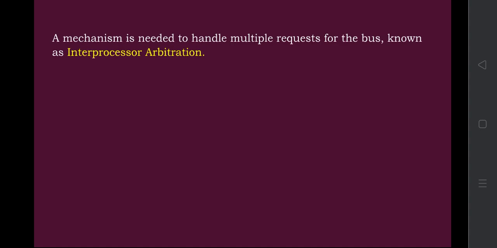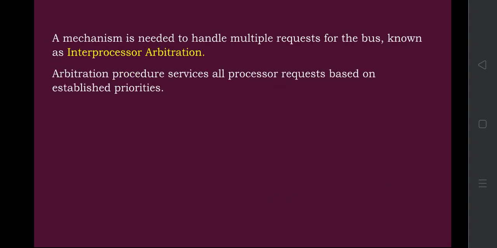Now let us see the mechanism. What is the inter-processor arbitration mechanism? Inter-processor arbitration is a mechanism used to handle multiple requests for the bus. As we have just seen, there are many resources and many requests for the bus when the bus is needed for different scenarios. A bus master has to decide which device will get the control of the bus.